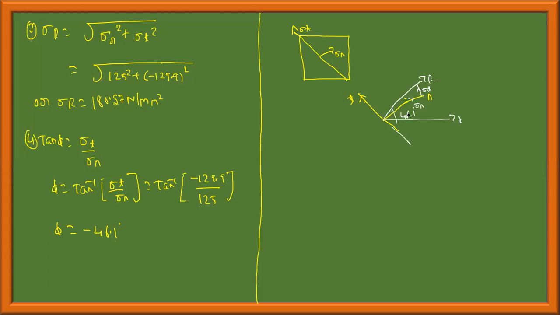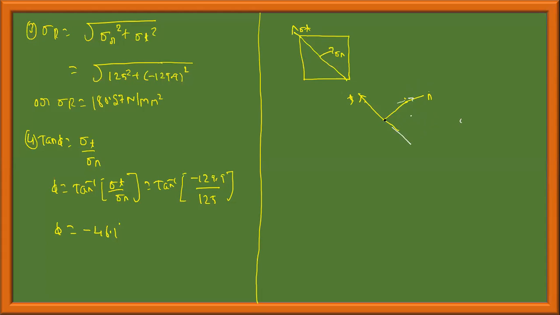Sorry, I made a mistake. This is with respect to the normal. The angle of obliquity is the angle made by the resultant and the normal. Therefore, minus 46.1.